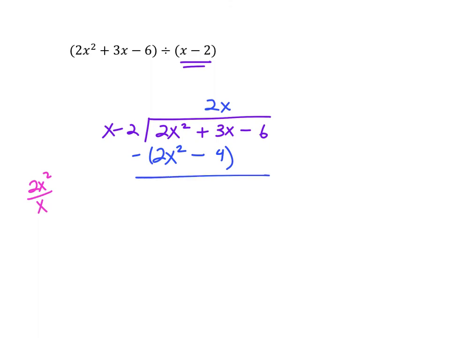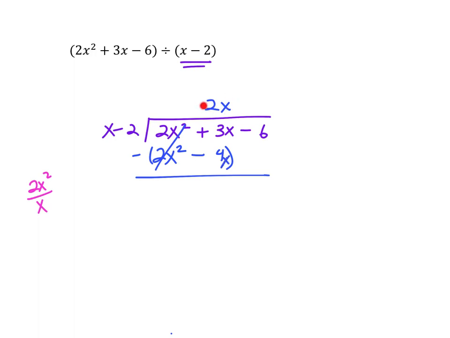So 2x squared minus 2x squared is gone. I guess you could cross it off if you want. Here's where we do need to be careful. We have a 3x minus a negative 4. So 3x minus a negative turns into, oh, did you guys catch my mistake? That should be an x right there.